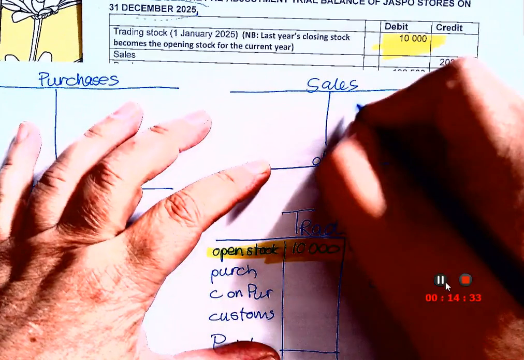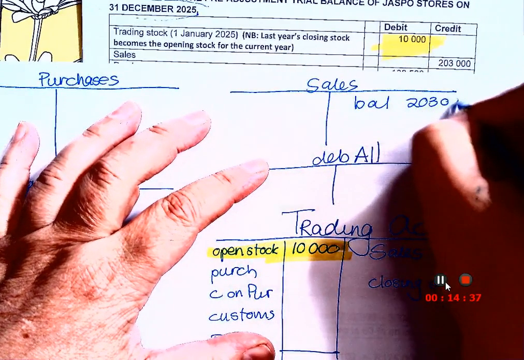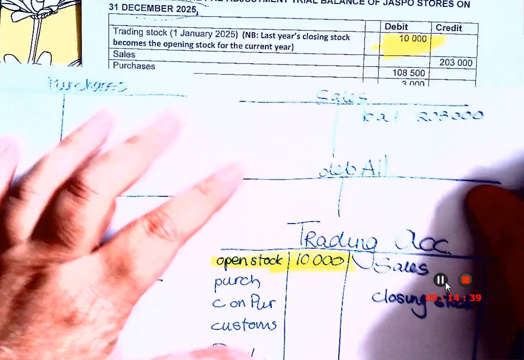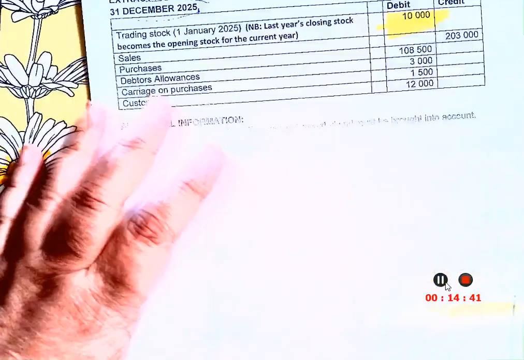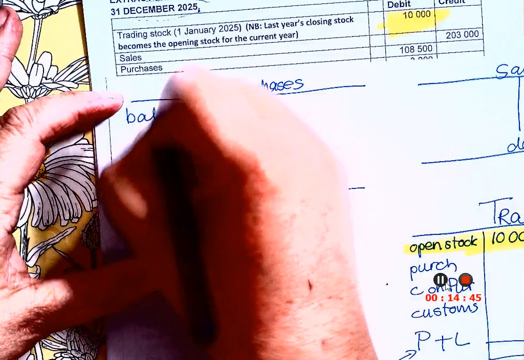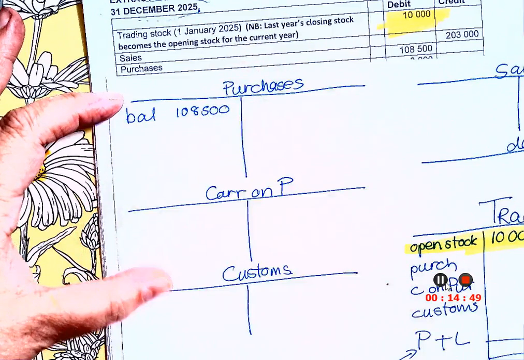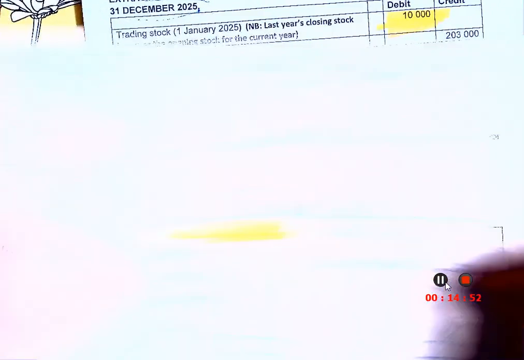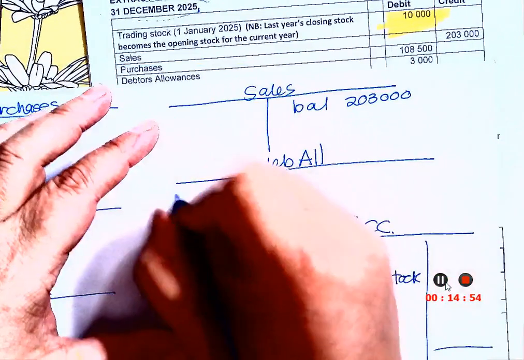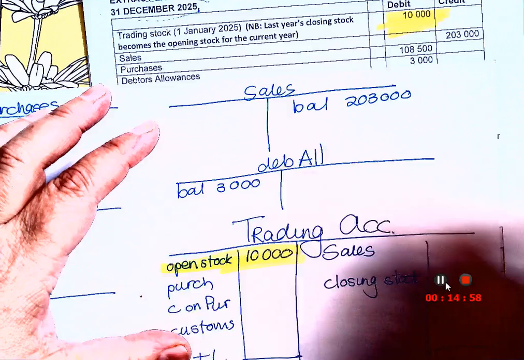I have a balance, 203. Purchases, I have a balance, 108. Debtors allowance, I have a balance, 3,000.